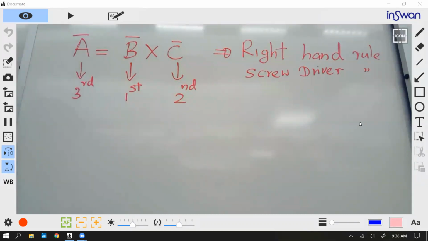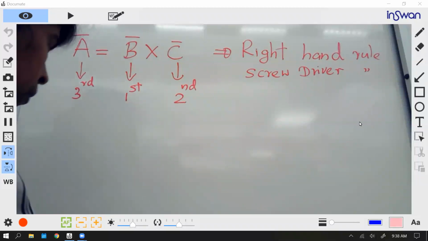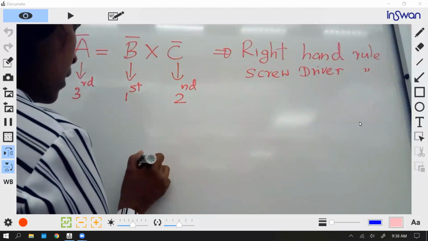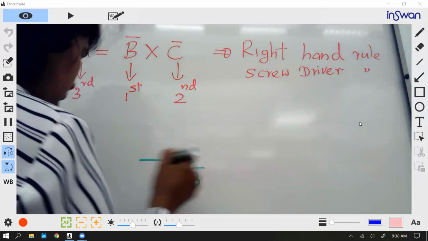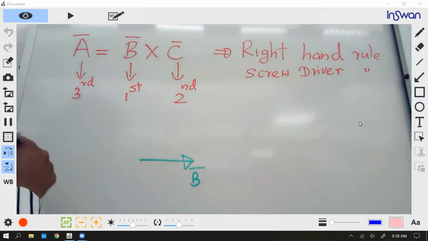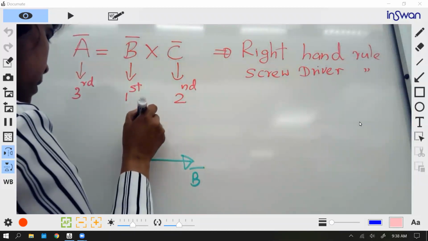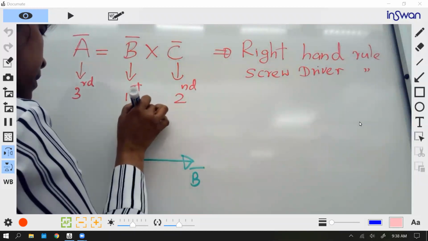So we'll take an example to do that. Say I have vector B in this way, and then vector A in a different direction. I'm going to say vector C, sorry, vector C is this way.